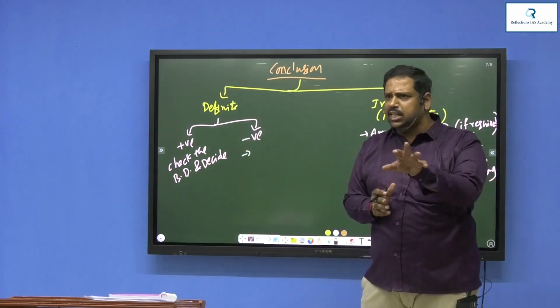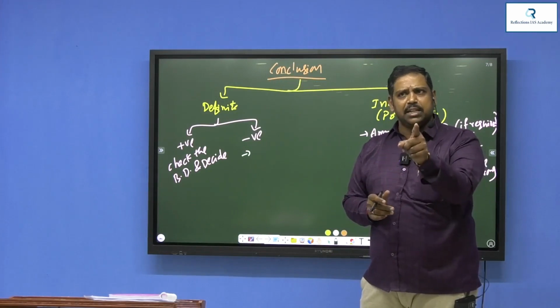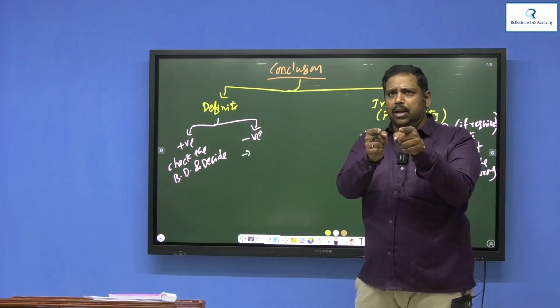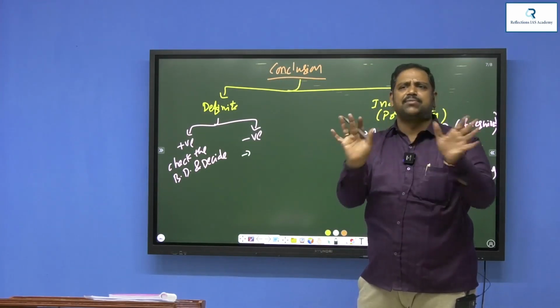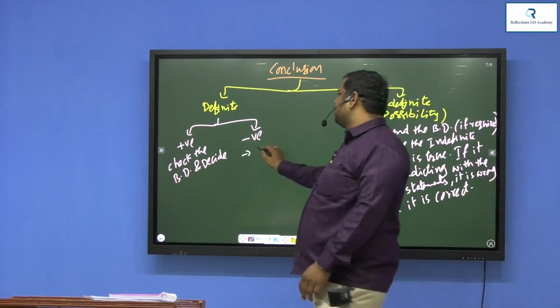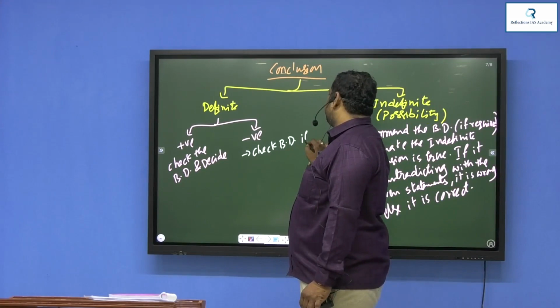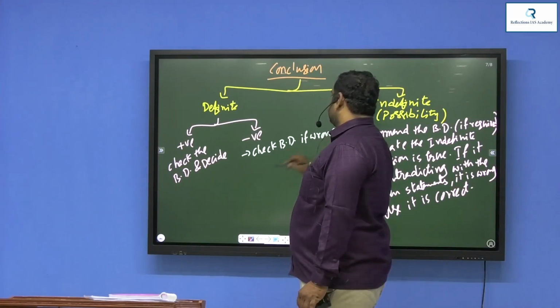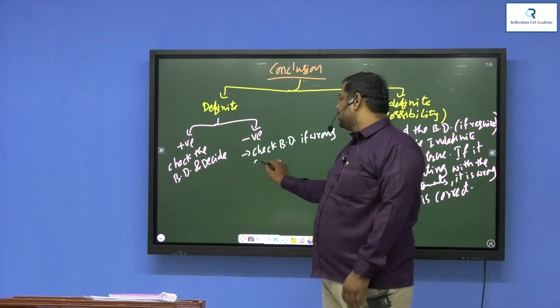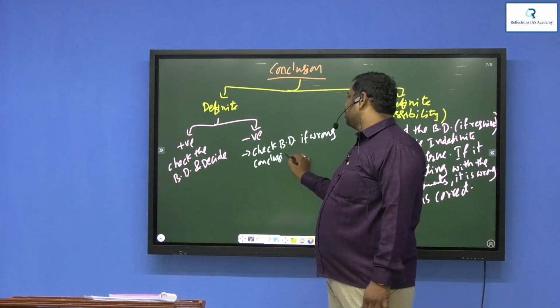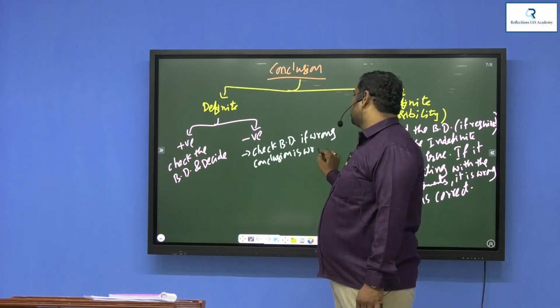Definite means in every case it should happen. In every case means the basic diagram is also a case, right? In that case, if it fails, automatically that fails. Yes or no? Okay. Check the basic diagram. If wrong, the conclusion is wrong. Conclusion is wrong. Yes or no?